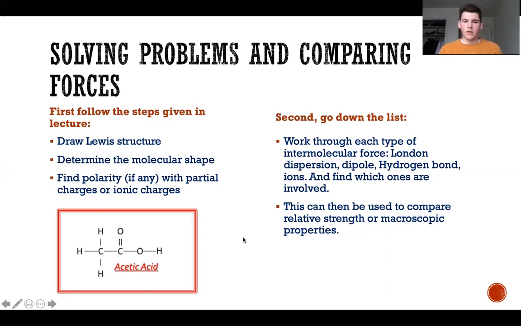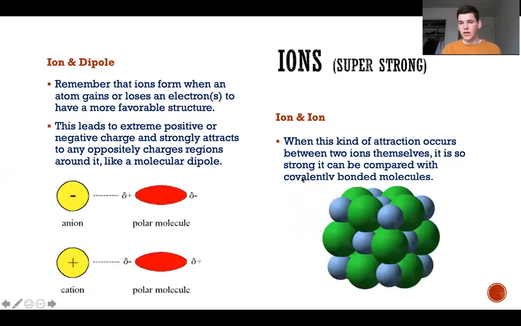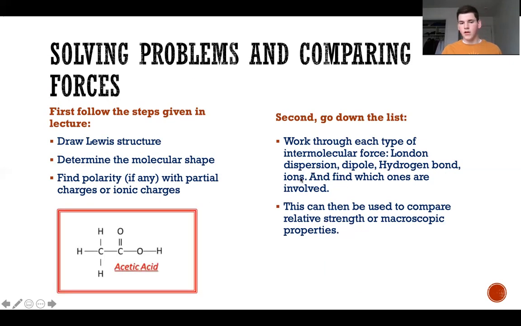They might give you a second formula and say which one has a stronger force. So say we did have acetate in it and said, what's this one? This one we'd get all the way to ions. It has an ionic charge, and so we could say it is stronger in its intermolecular forces than acetic acid is.